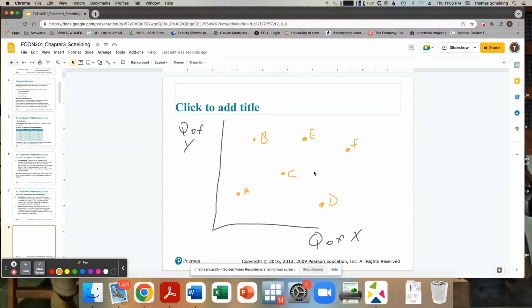We know that B is preferred to A. We know that's the case because B has more of good Y than A, and B has more of good X than A. So B must be preferred to A. What's the relationship between A and C? Same thing. C has more of good Y as well as more of good X, so C must be preferred to A.